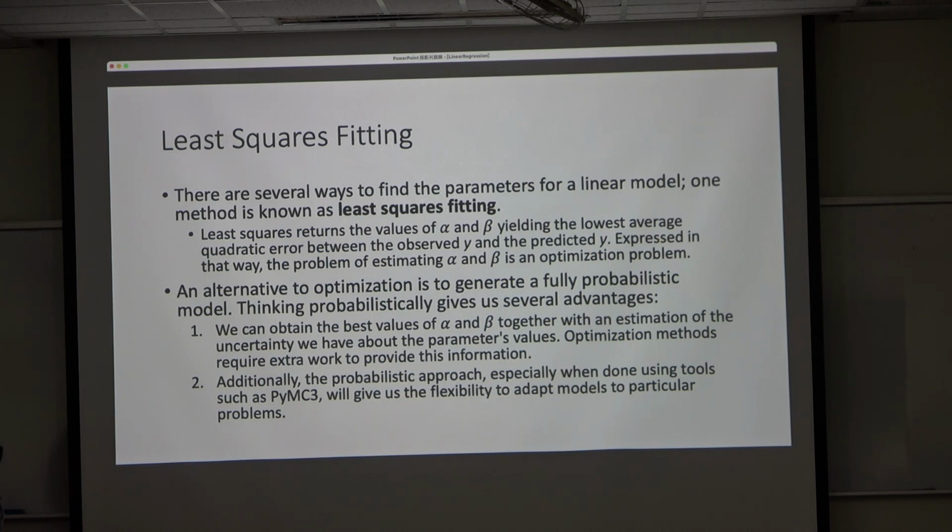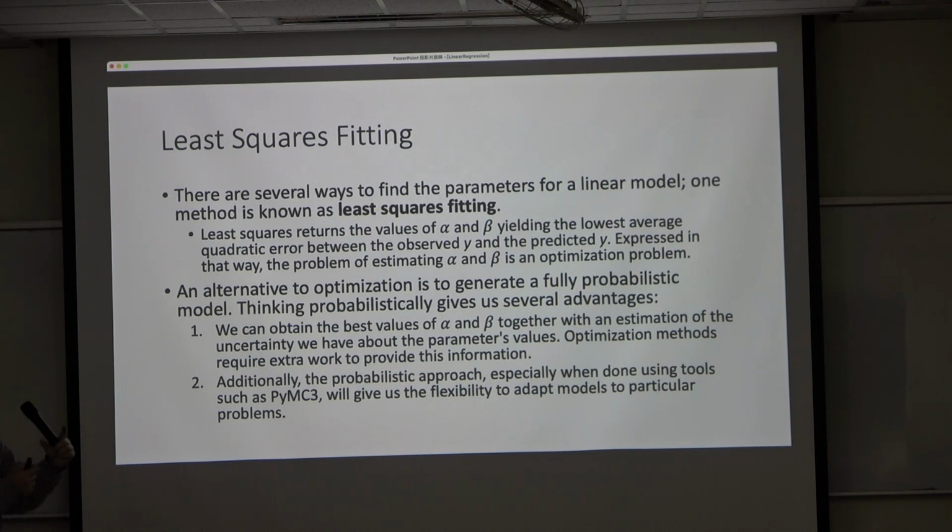For a given set of xy pairs, the least square method returns the values of alpha and beta which will yield the lowest average quadratic error between the observed y and the predicted y.